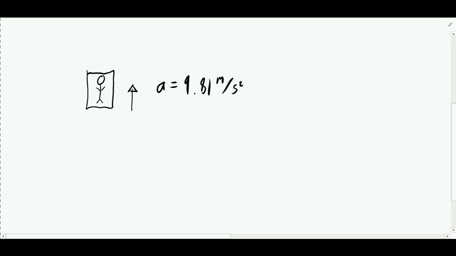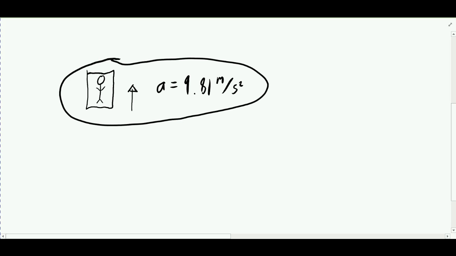The person in this elevator will feel the exact same sensation that we feel on Earth, the exact same feeling of gravity. Just a random person in a random elevator accelerating at 9.81 meters per second squared in the abyss, in outer space. And he will get the same sensation as gravity. And that is the most beautiful thought that Einstein ever experienced.